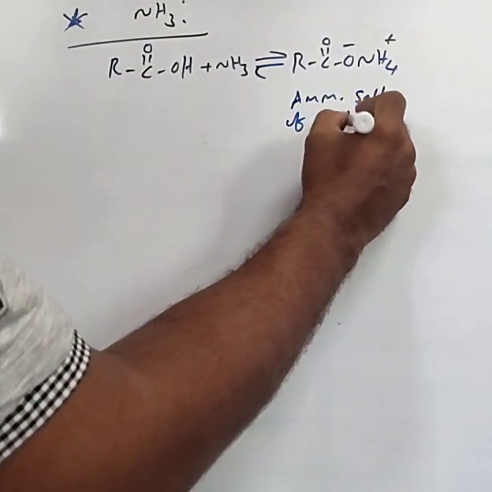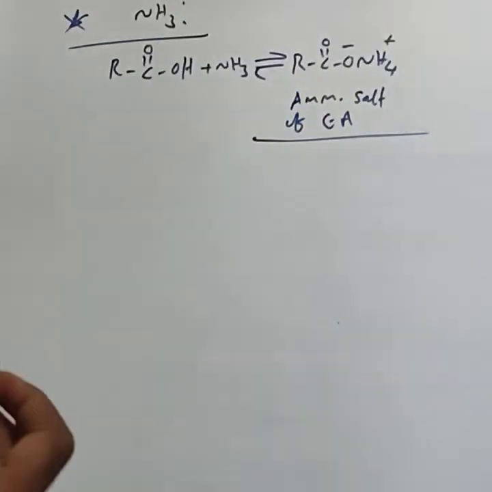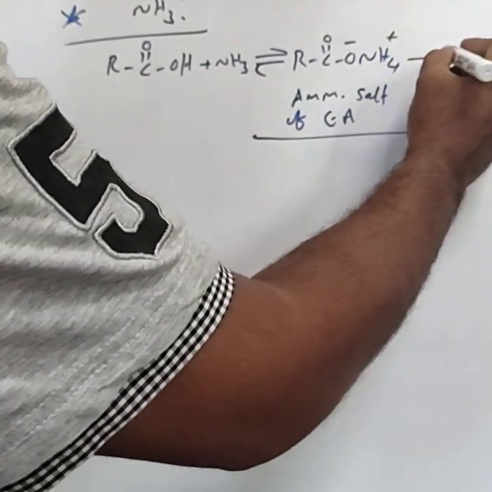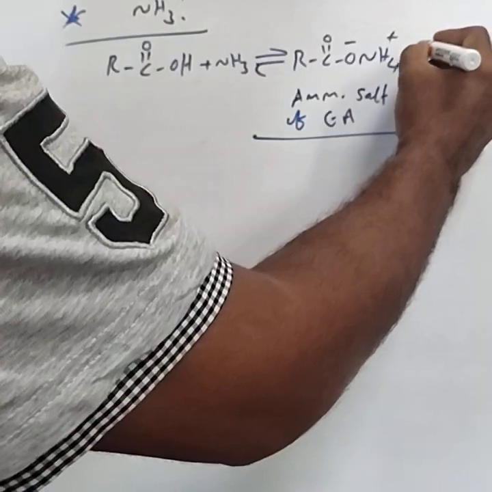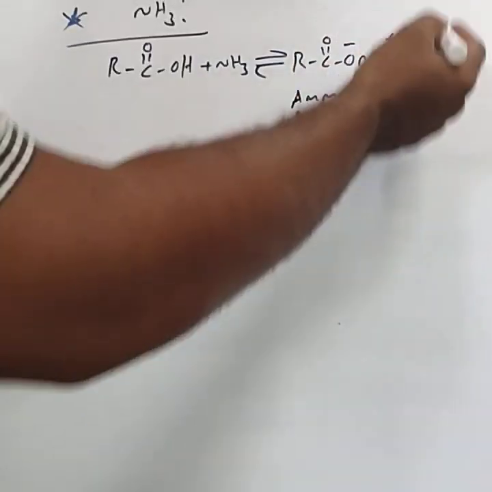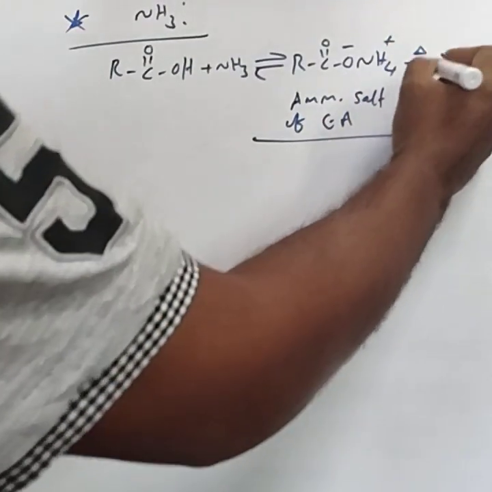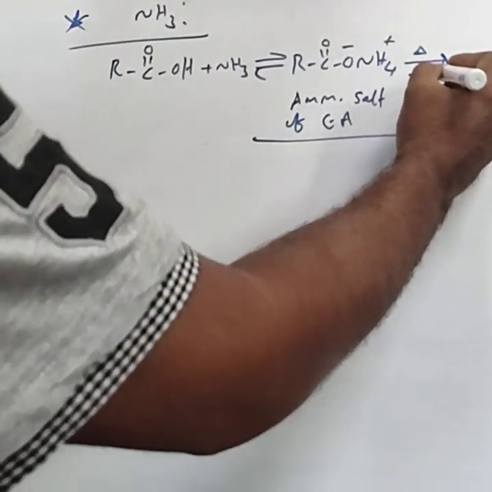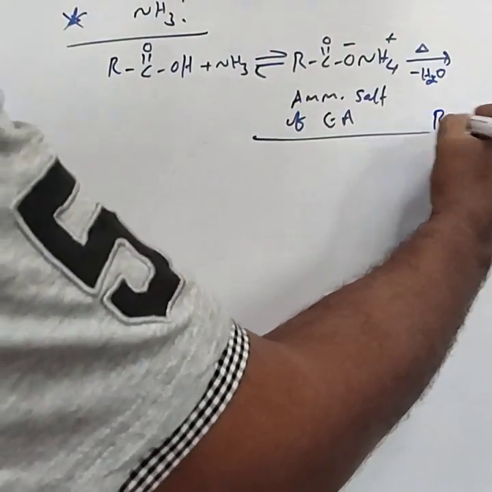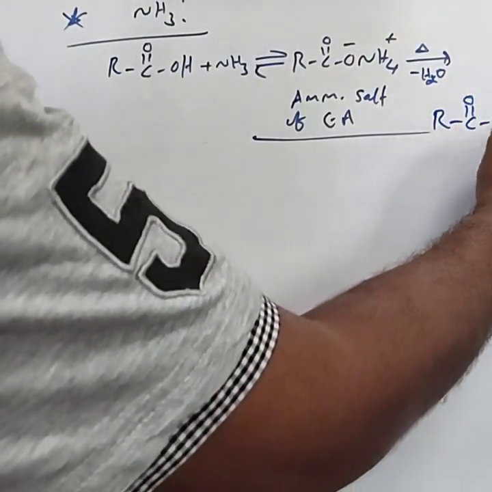Ammonium salt of carboxylic acid. This ammonium salt of carboxylic acid, upon heating, undergoes decomposition. That is, removal of water takes place. That forms RCONH2.